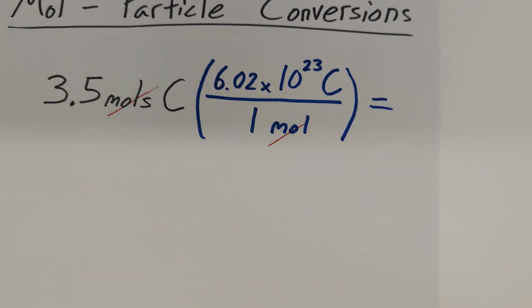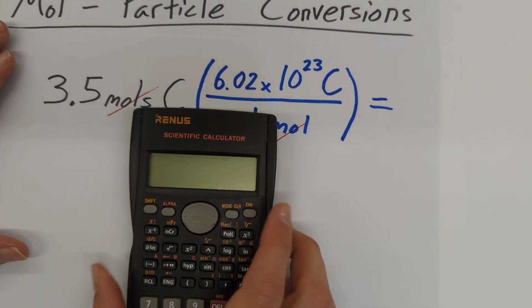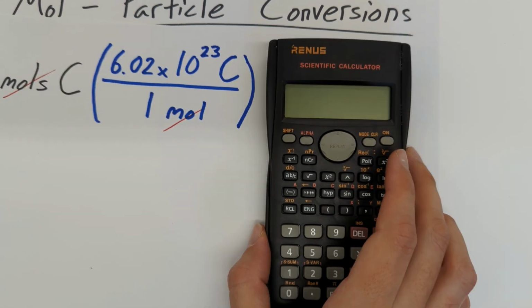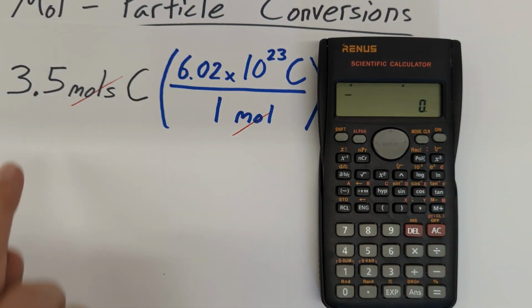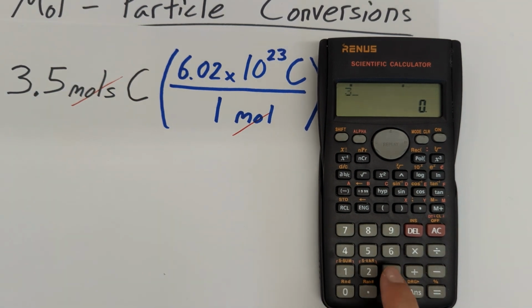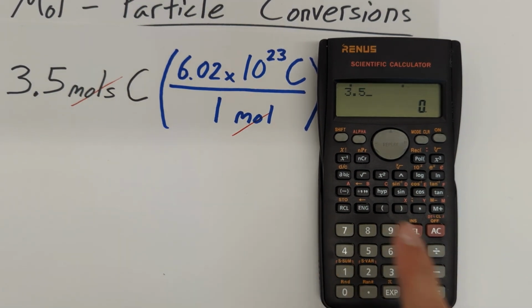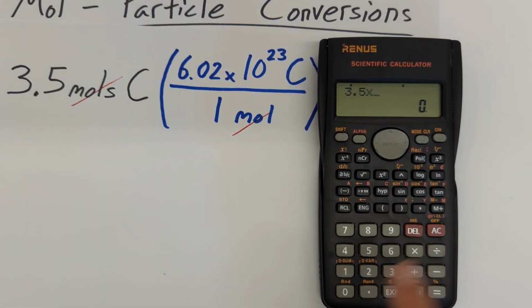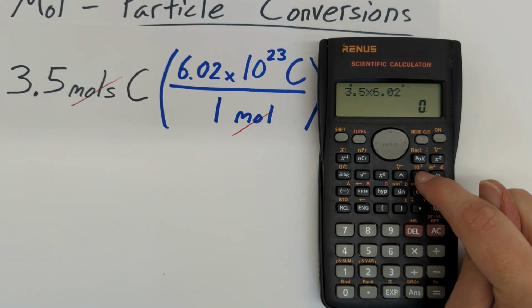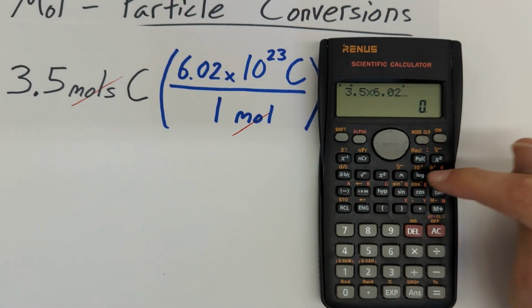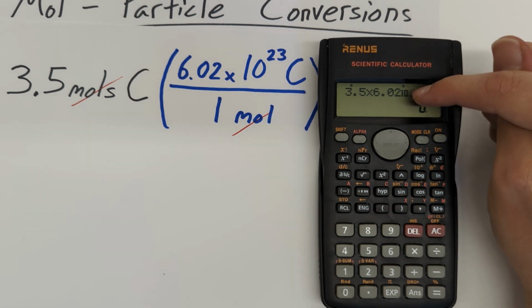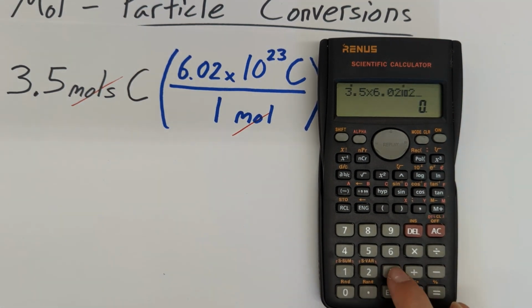Now, the way we would plug that into our calculator, we would plug in what's on the left side first. So 3.5, and we are multiplying. So 3.5 times 6.02, and this is where we have to use our 10 to the x function. The way we do that is we push shift, log, and we get that little 10 right there, and then 2, 3.